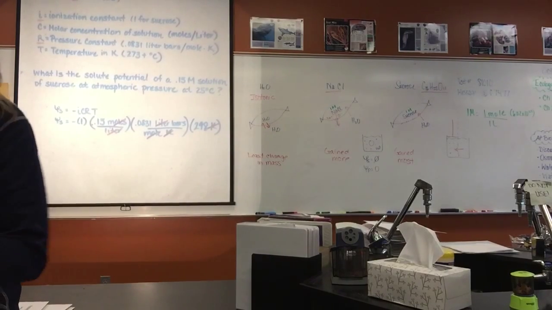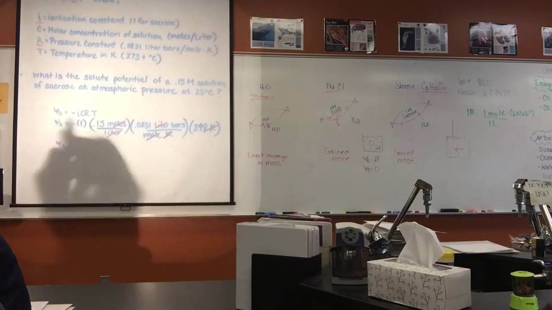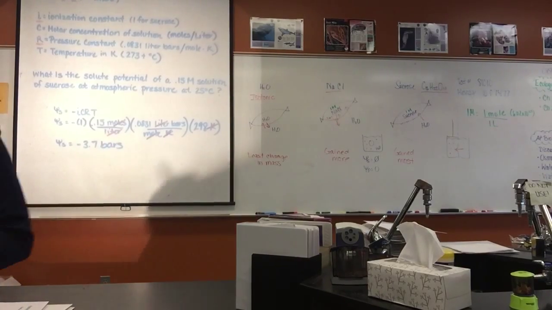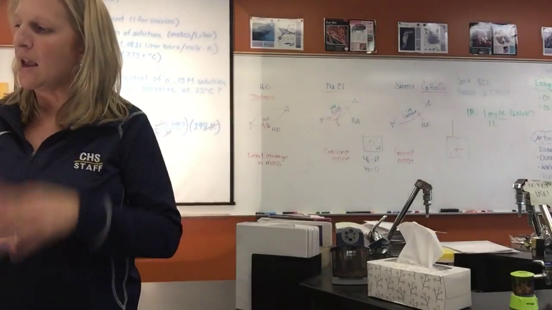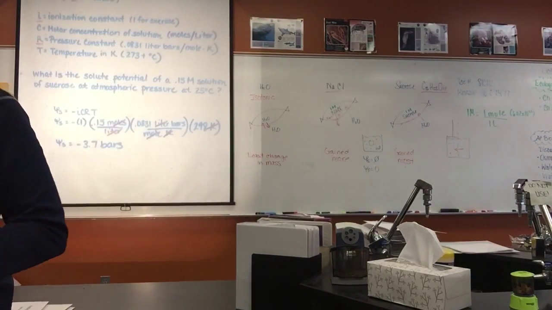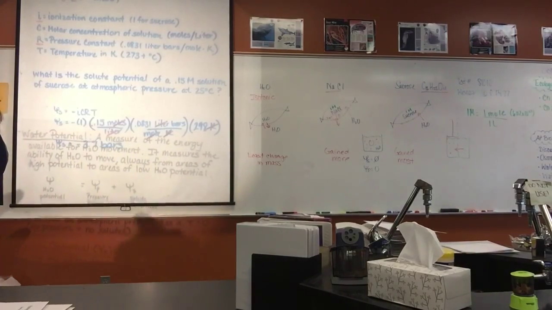So your solute potential is negative 3.7 bars if you multiply this all out, and that's the unit of measurement. And so that is the solute potential of that particular solution. All of that is used to figure out this part in this equation.